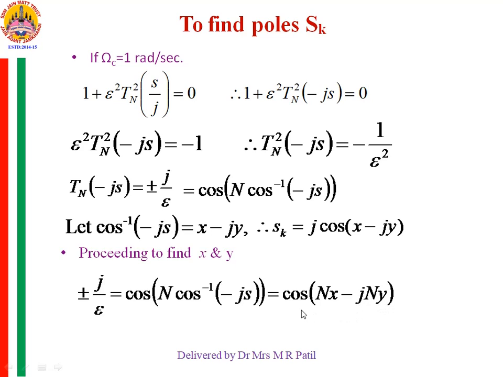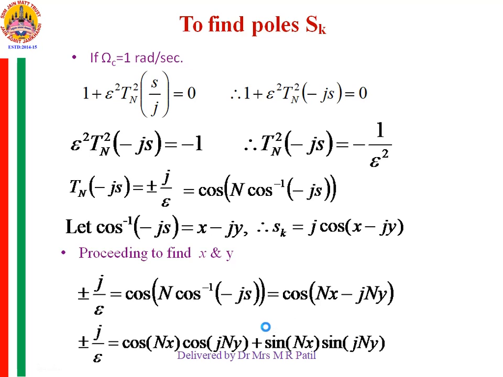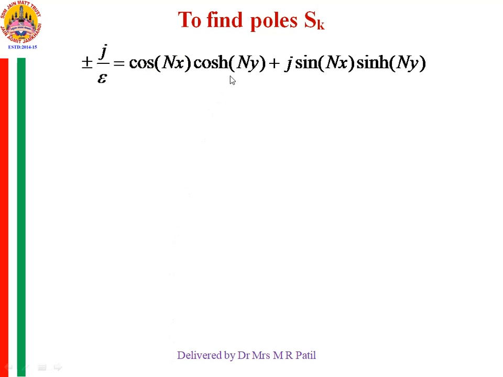Now apply the rule of trigonometry for cos a minus b and expand this. So I'll get plus minus j by epsilon is equal to cos nx cos hyperbolic ny plus j into sin nx sin hyperbolic ny. Now cos hyperbolic and sin hyperbolic, how do you get this?